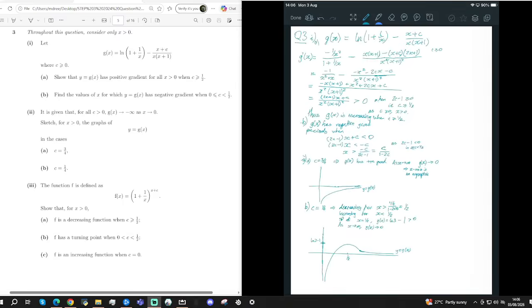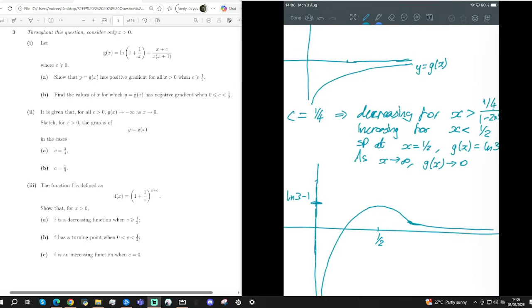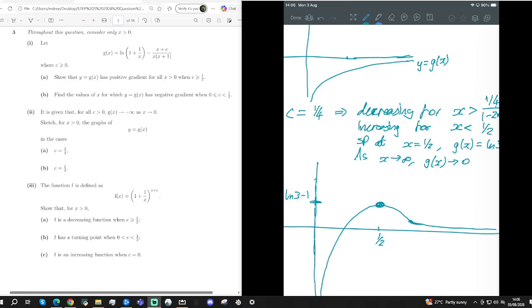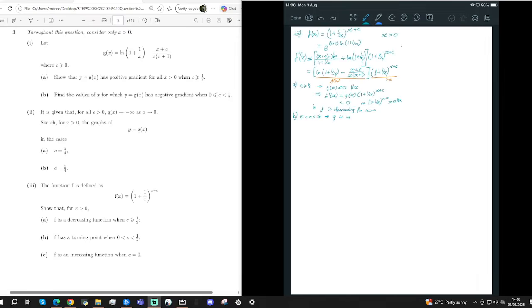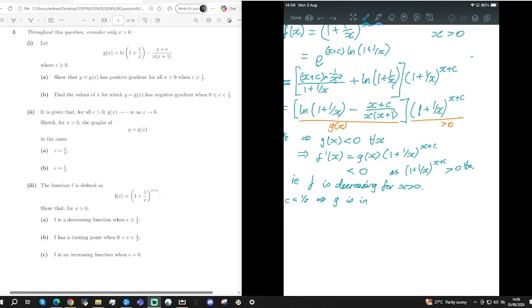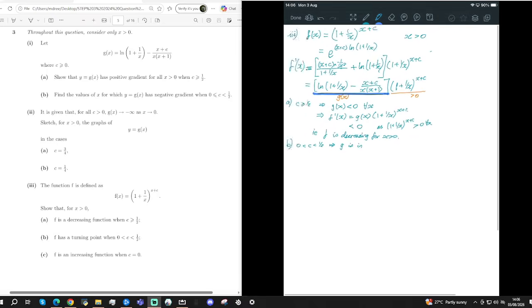Now I need to be worried about where this stationary point is, because I'd quite like to say that at some point g of x is 0. If I can say at some point that this term here is 0, then that gives me a point where f dashed of x is 0, i.e. there's a stationary point for f.